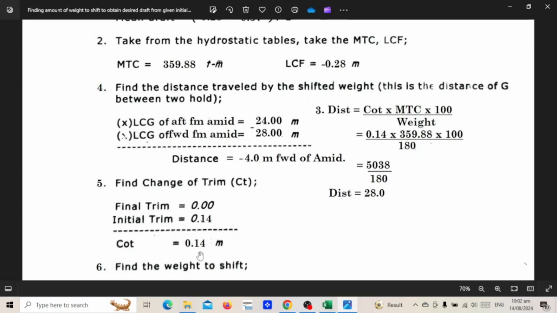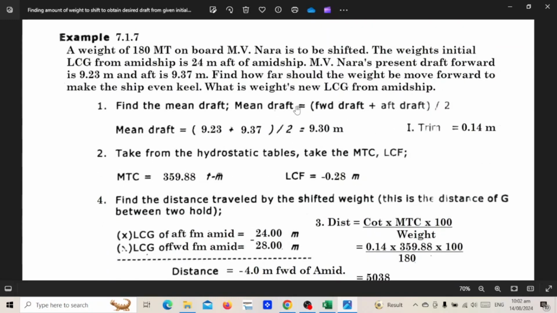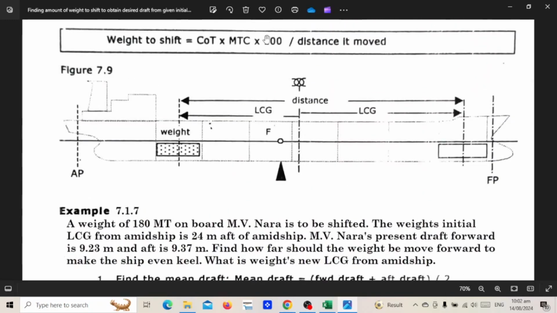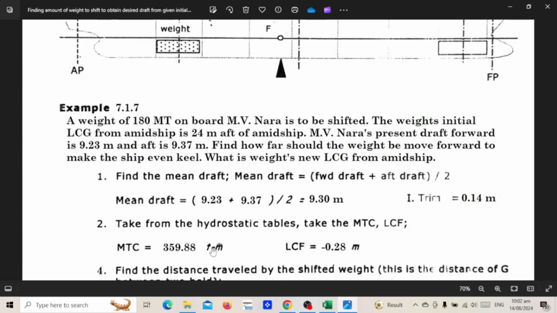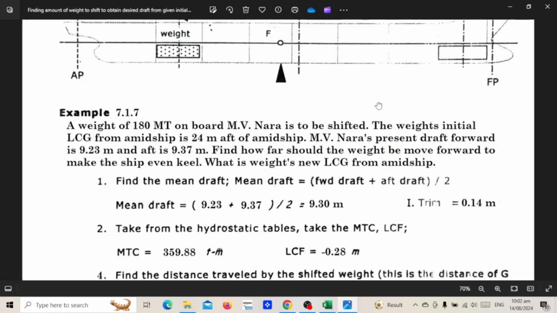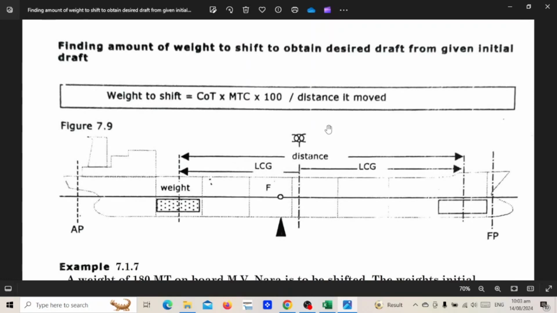So our change of trim is 0.14. We have MTC, which is this one, and times 100, and the distance it moved. Well, we don't know yet the distance, so we're going to find out how much distance it will move from this position to another position, somewhere around here.